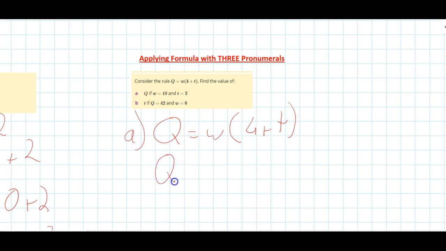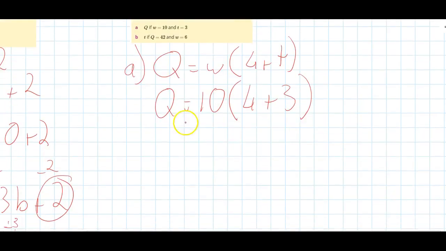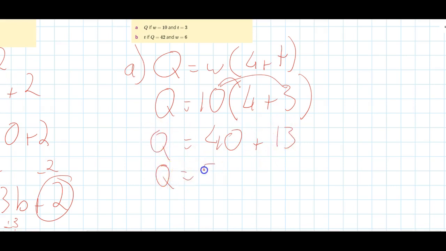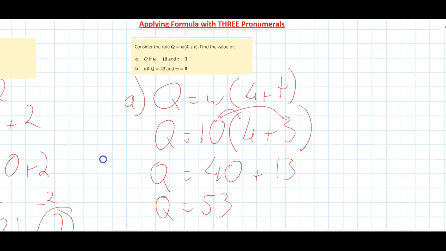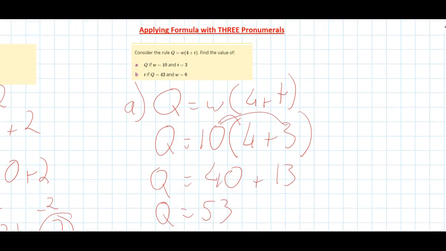So Q equals 10 in brackets 4 plus 3. Now I can go through, and as we've looked at in our previous video, expand the brackets. So I could go 40 plus 13 equals Q. Therefore Q equals 53. I'll move on to B now.